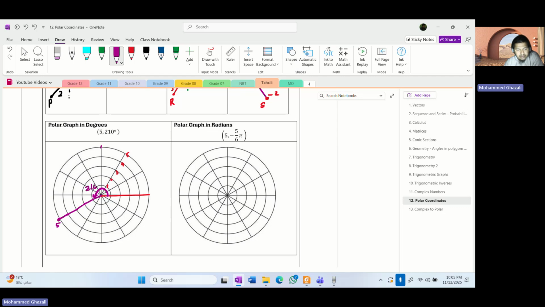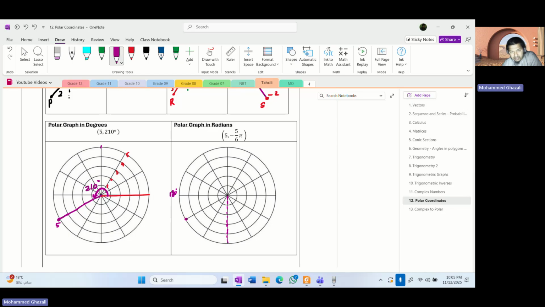That's 210 degrees. Next one, negative 5 pi by 6. So you need to go in the negative angle direction. 5 pi by 6 is negative 150 degrees. It looks like it's going to end up at the same place, because this is negative 90. Let's count: this was 180, right? Negative 90, negative 120, negative 150.